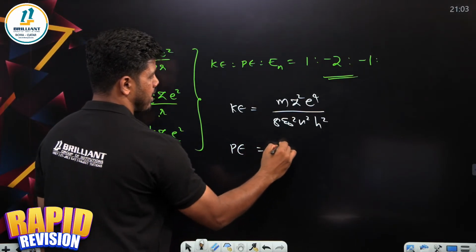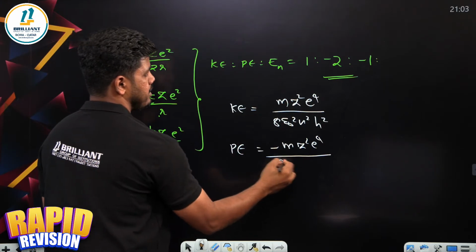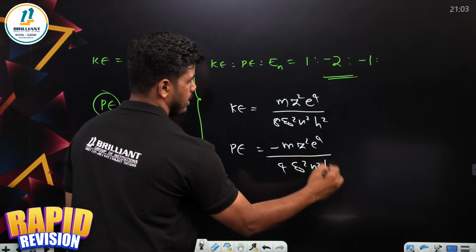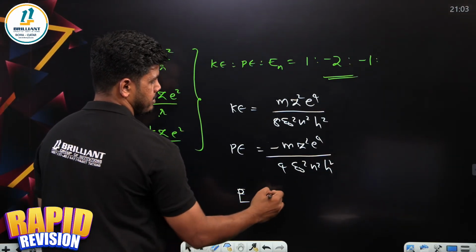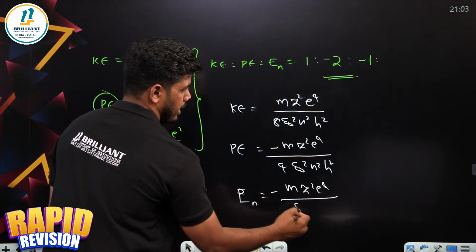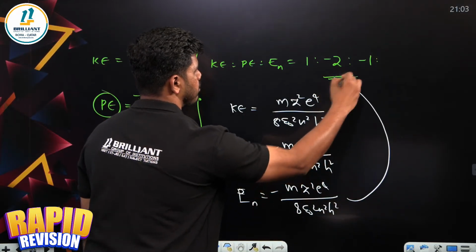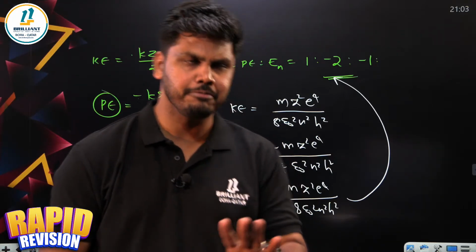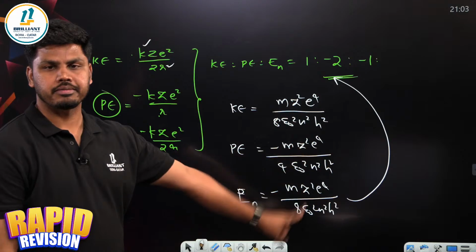Potential energy is equal to minus m z square e raised to 4 divided by 4 epsilon 0 square n square h square, and the energy level En is minus m z square e raised to 4 divided by 8 epsilon 0 square n square h square. See, the same ratio will be obtained. They are the same equations, the only difference is we substituted for k and r. Then we get this format.